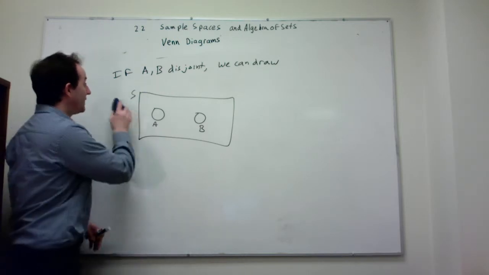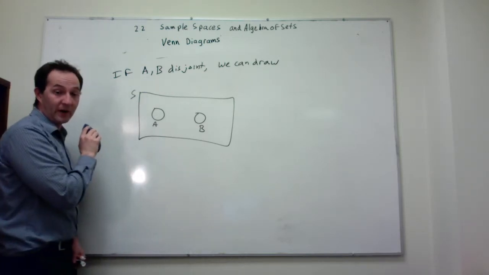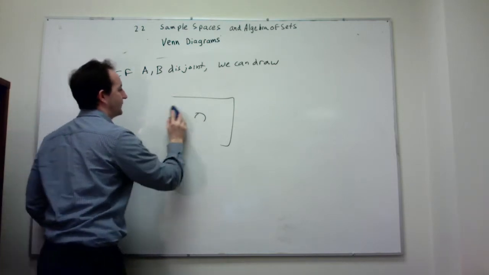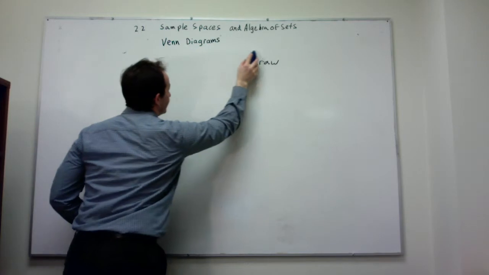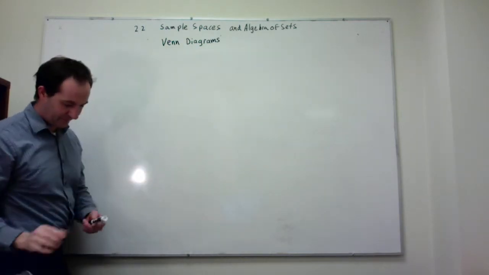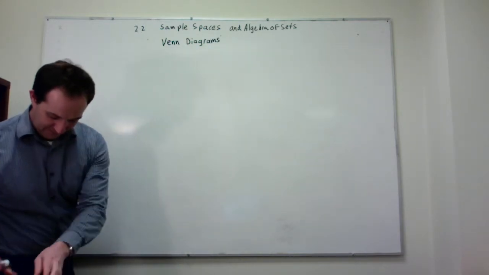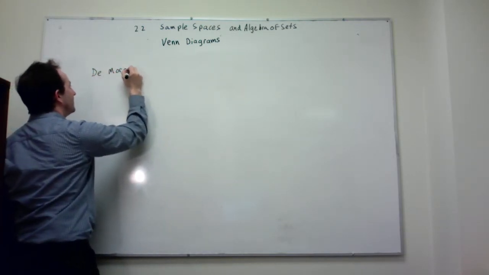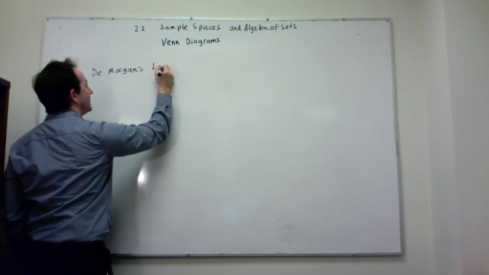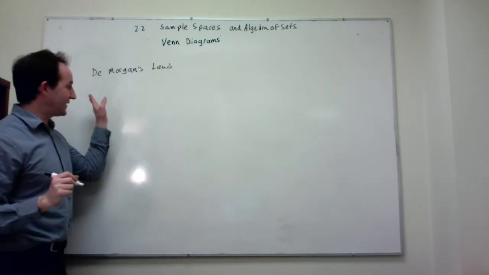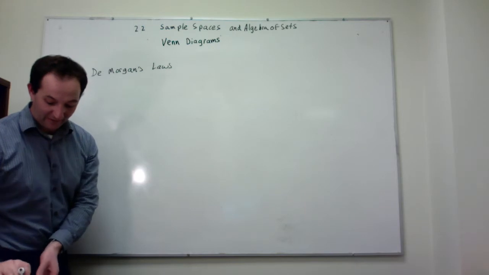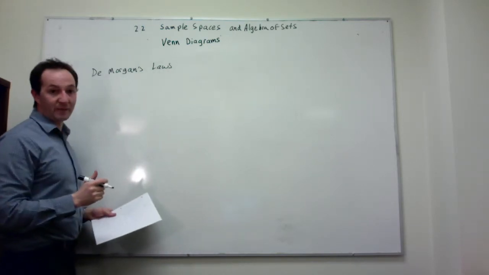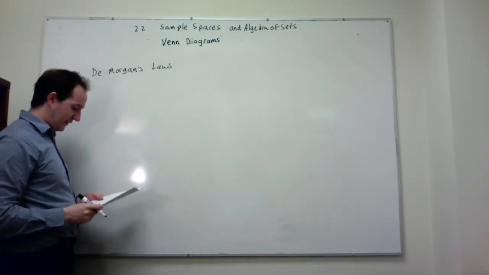Okay, I'm going to conclude this by walking through a description of De Morgan's laws. It's not especially important that you remember that these are called De Morgan's laws, but these are statements about set theory that you should become familiar with.